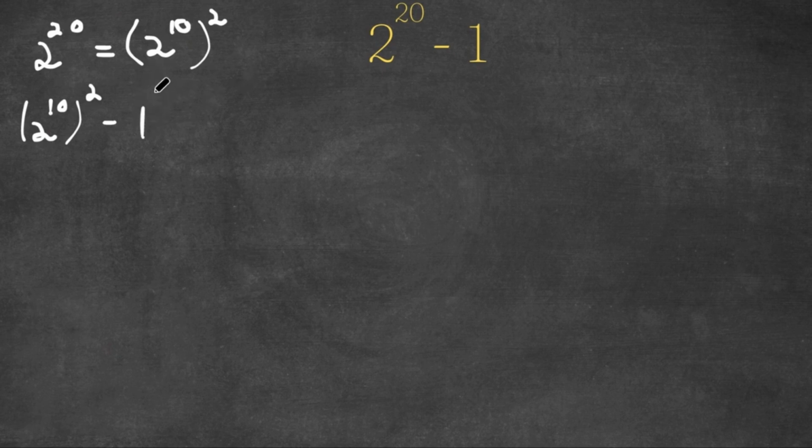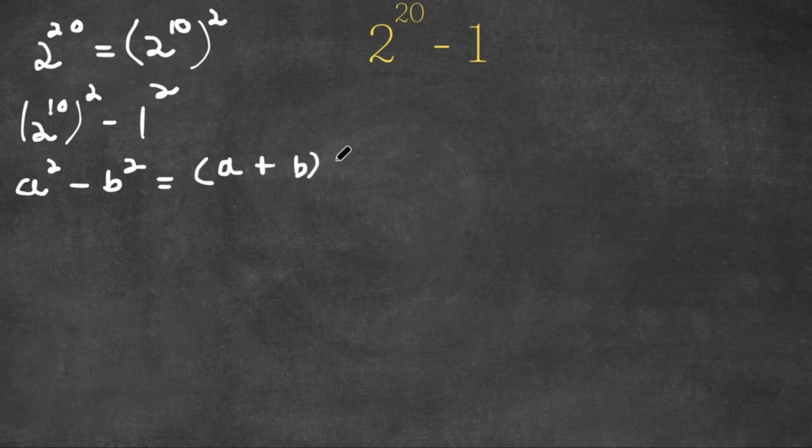And 1 is the same thing as 1 squared. And remember, if we have something in the form a squared minus b squared, this is equal to a plus b times a minus b.